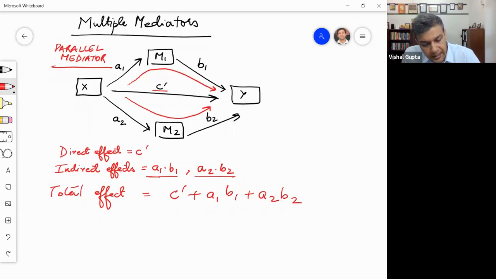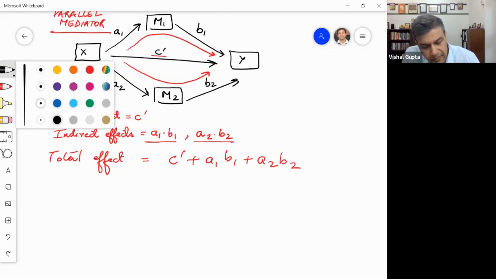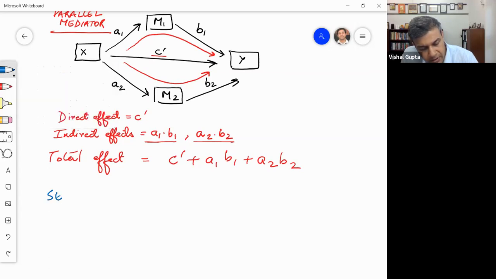Then there are other kinds of papers being done today, and they are becoming more popular. They are called sequential mediator models.